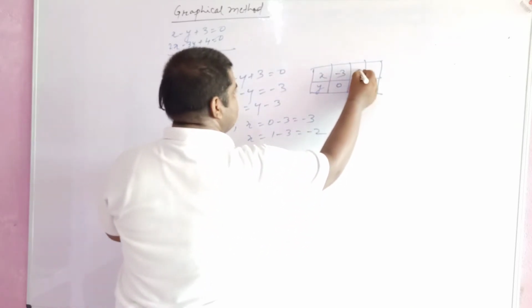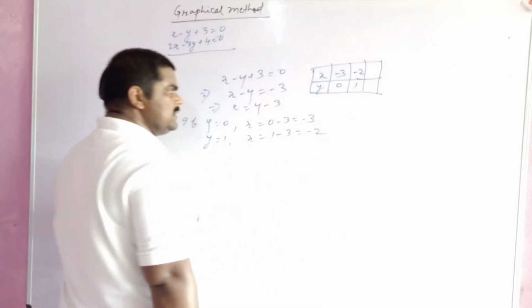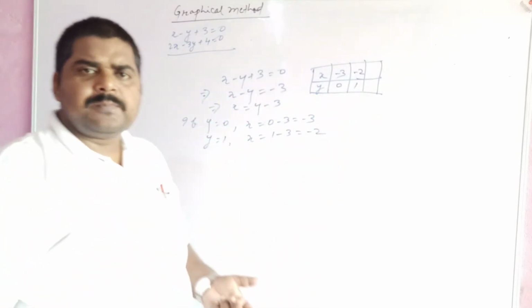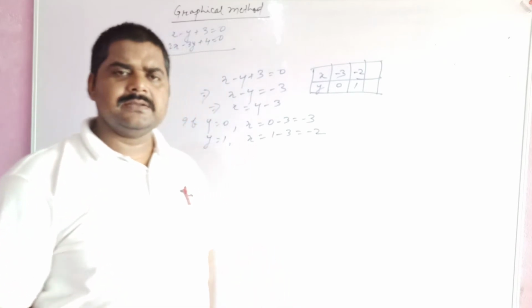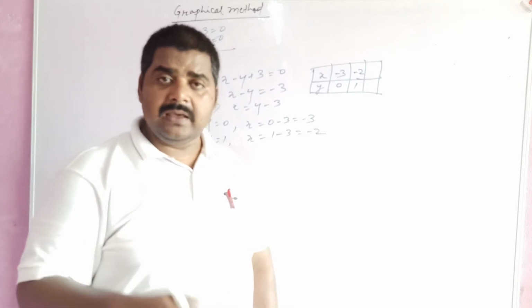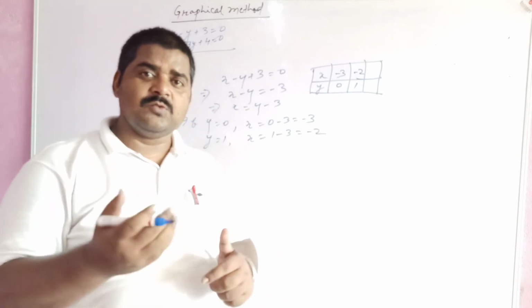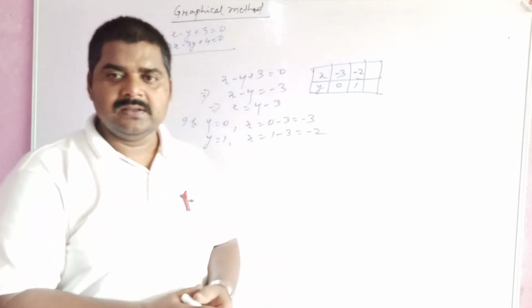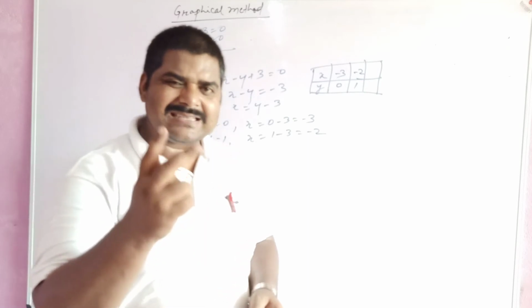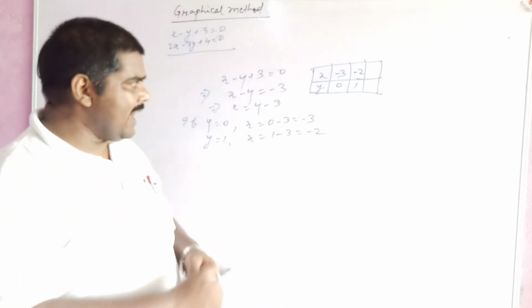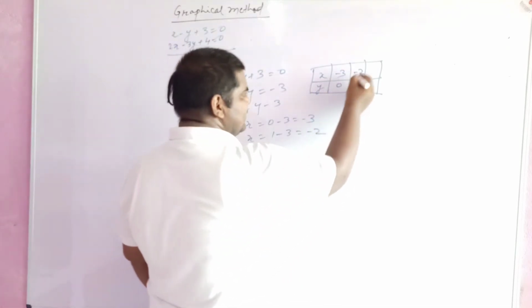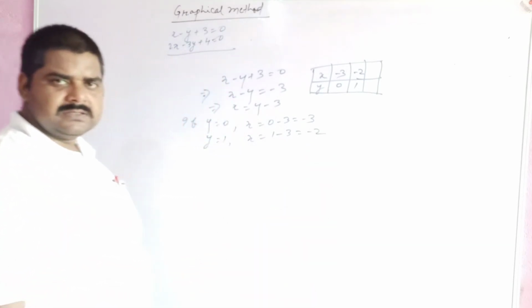So the pair is minus 2 and 1. Similarly, you can find 3, 4, 5 and so on. If you ask me how many pairs of coordinates we require to solve the question, I can say at least 2 pairs. And I have taken 2 pairs in this case.